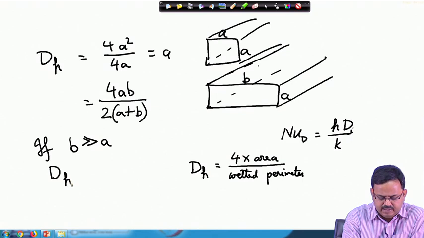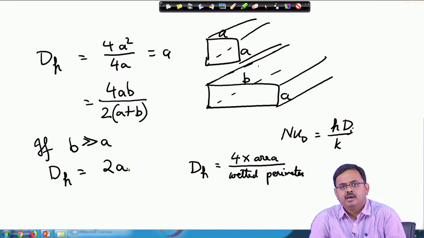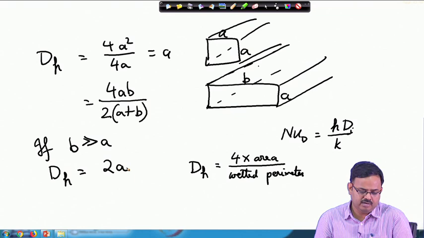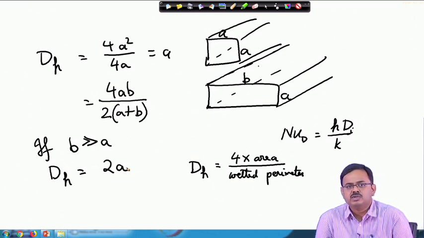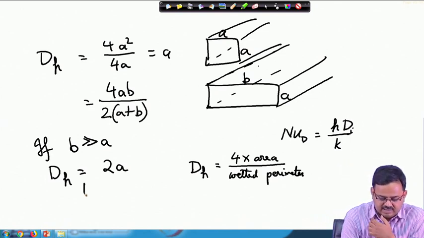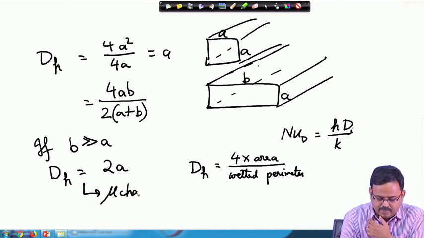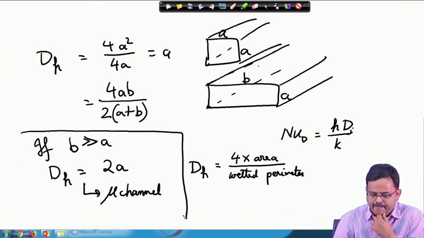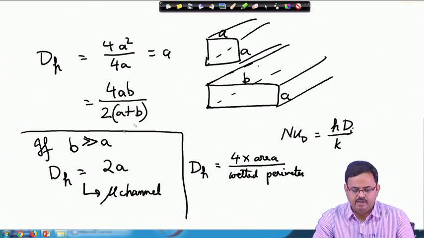Then dH becomes what? 2a. Why? You divide everything by b. Then it is 2a divided by a by b plus 1. a by b is close to 0 because b is much greater than a. So, it is 2a. This is a classic case of what is called a micro channel.